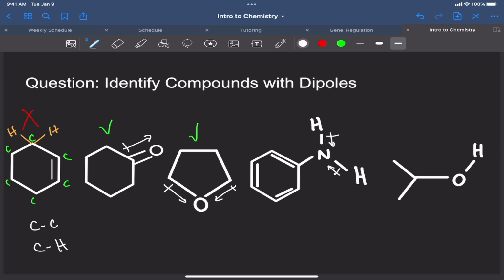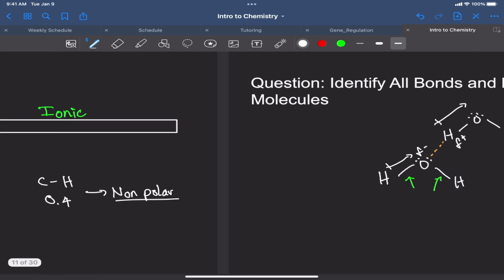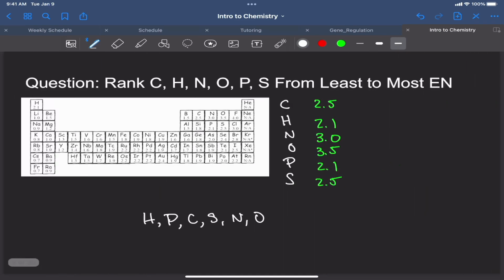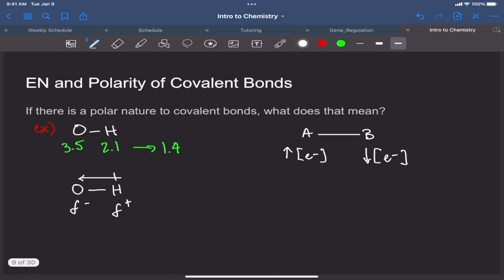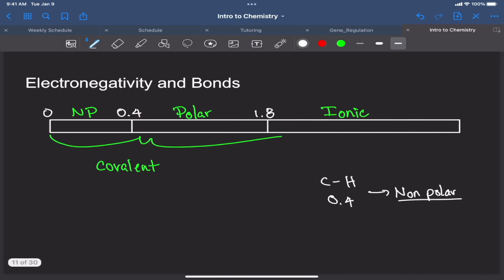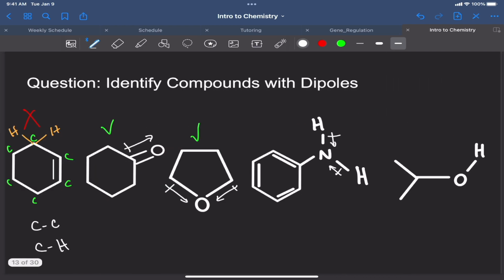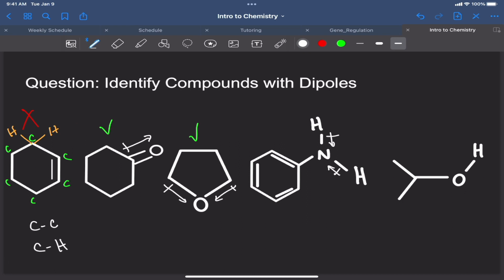But nitrogen-carbon is also a significant difference. If we look at the table, nitrogen is 3, carbon is 2.5. That's a difference of 0.5, which is fully in the polar area, right? It's not right on the cusp, such as 0.4, which is the carbon-hydrogen bond. So that means we're going to have a third one here. So that one definitely has one.